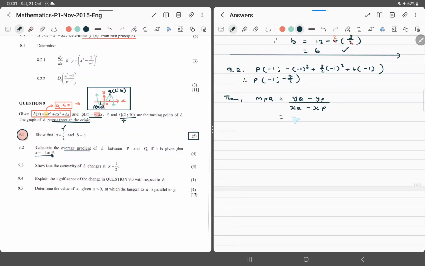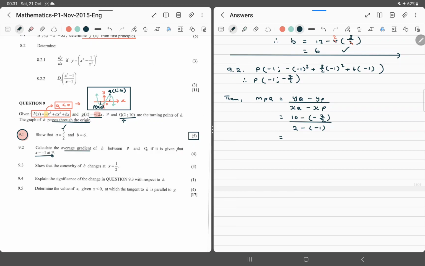Y at Q is 10 minus this one, minus 7 over 2, all divided by 2 minus into minus 1. So let's get it done. We've got 10 minus into minus 7 over 2, divided by 2 minus into minus 1.